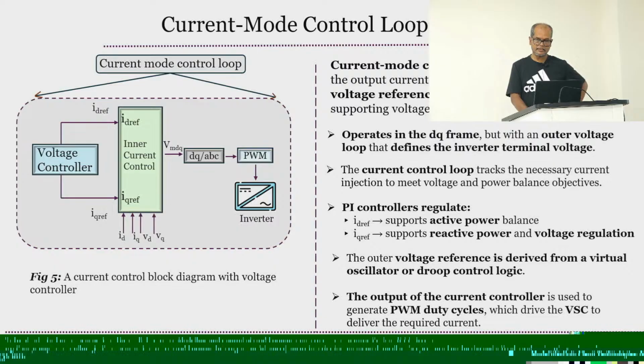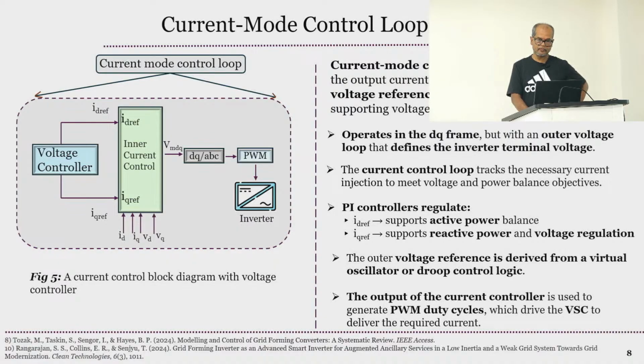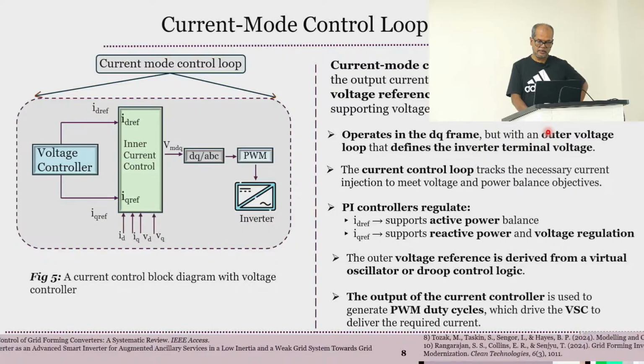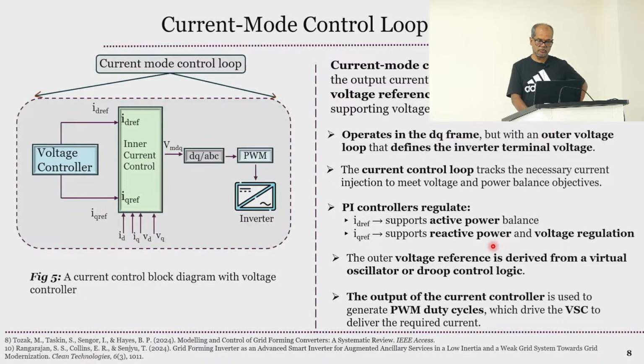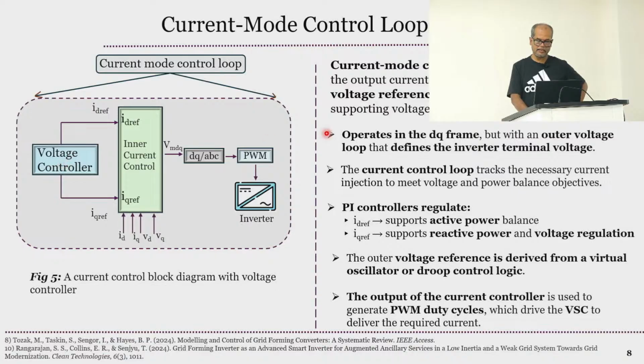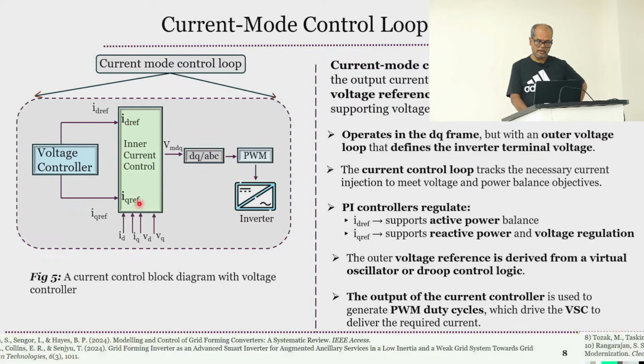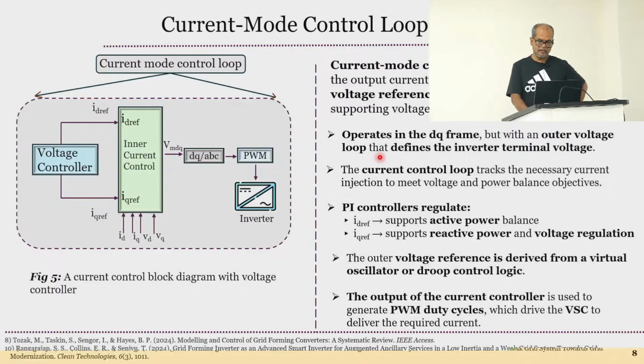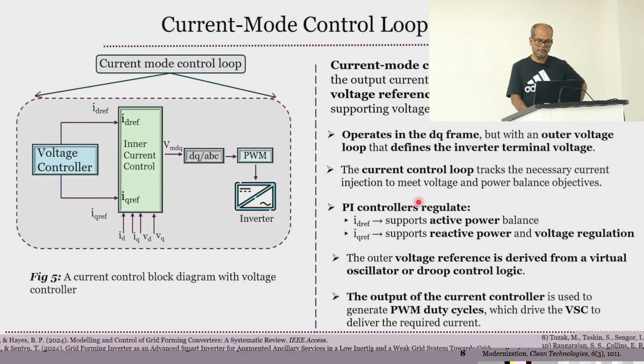That maintains system stability while supporting voltage and frequency as well. The outer loop is mainly the voltage, and the inner loop is the current.